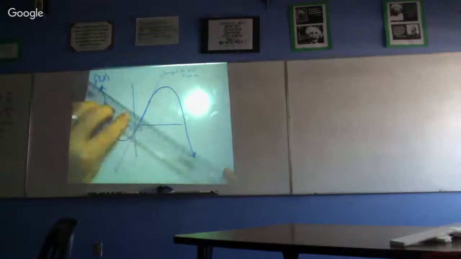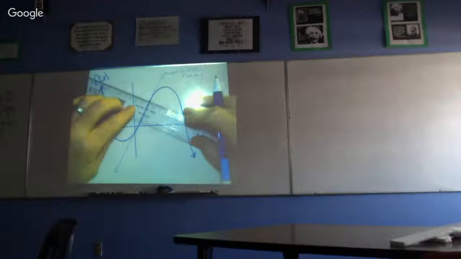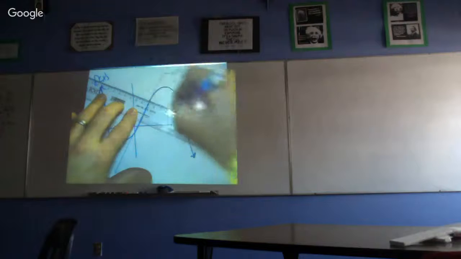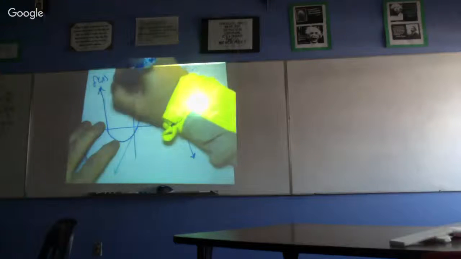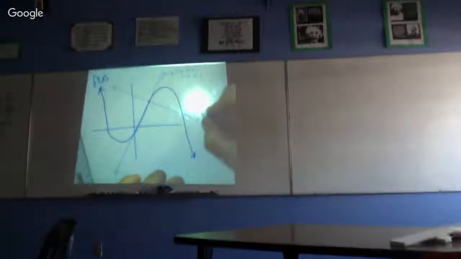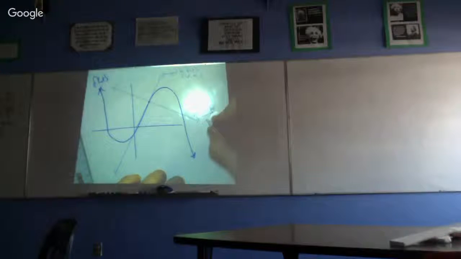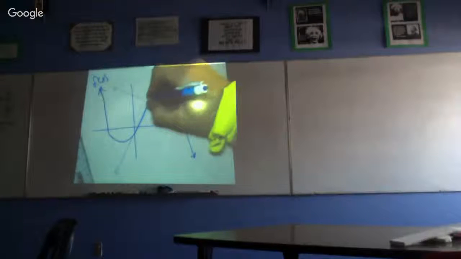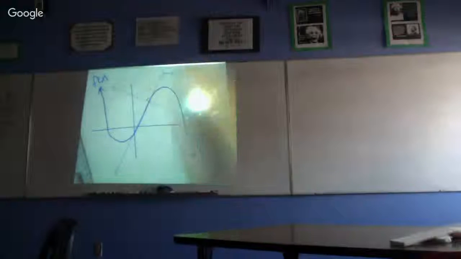Well, the normal is perpendicular to the tangent. So this is the normal. This is the normal to the curve at that same x. The normal and the tangent are perpendicular.